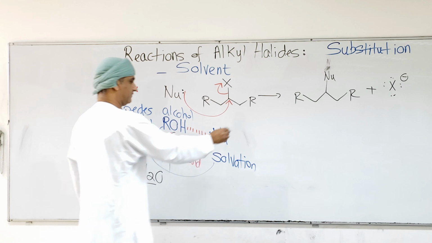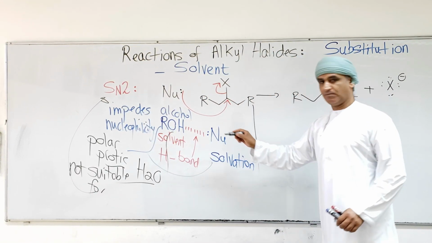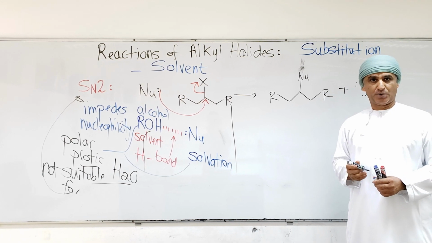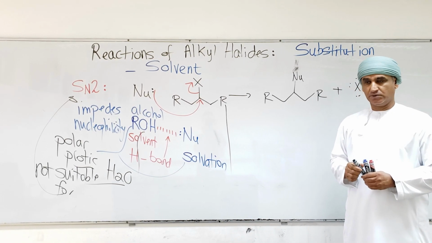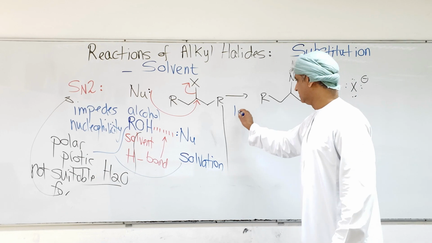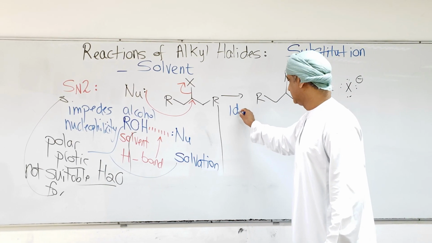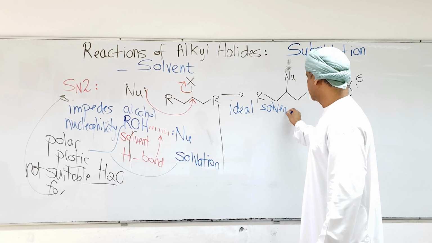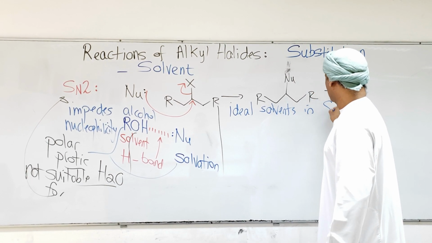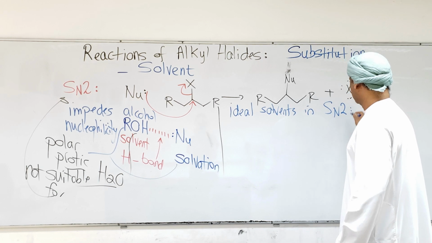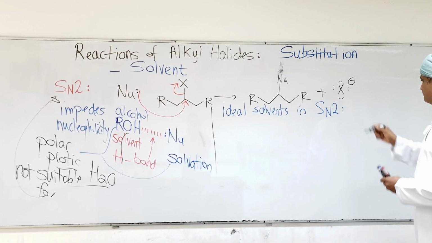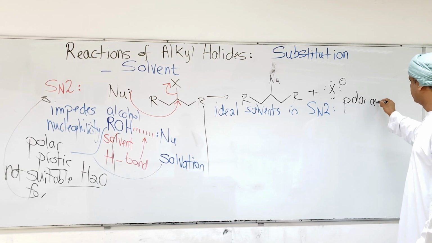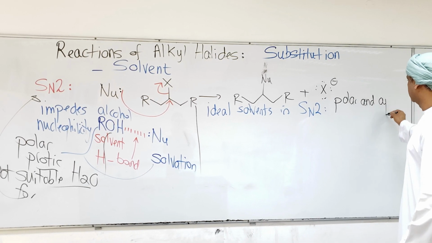The suitable solvents would then still be polar, but solvents that do not have a proton. So the ideal or suitable solvents in Sn2 reactions would be solvents that are polar and aprotic.